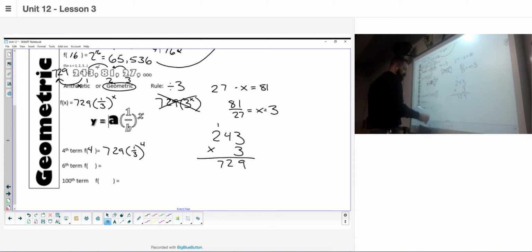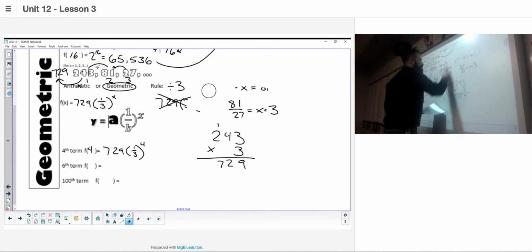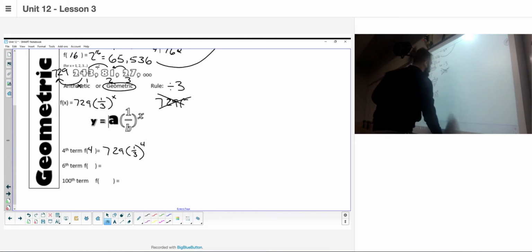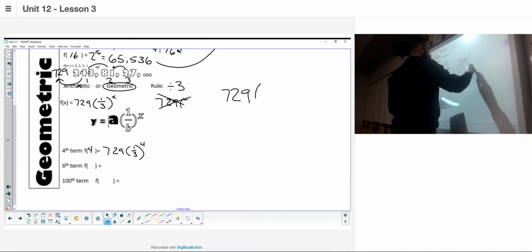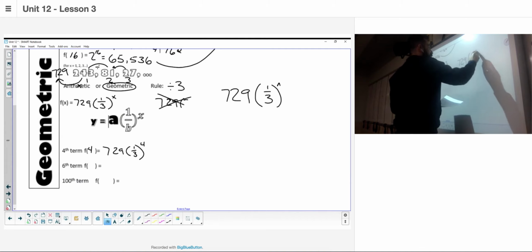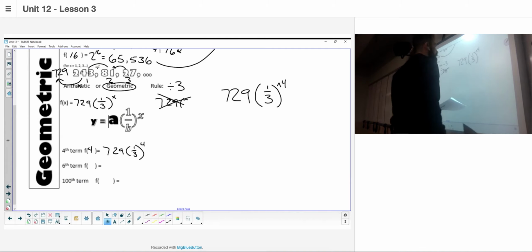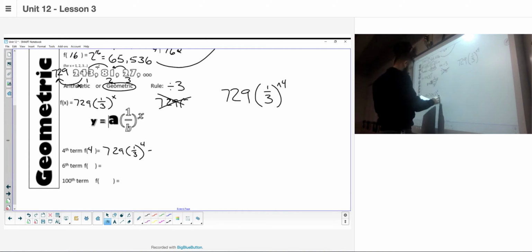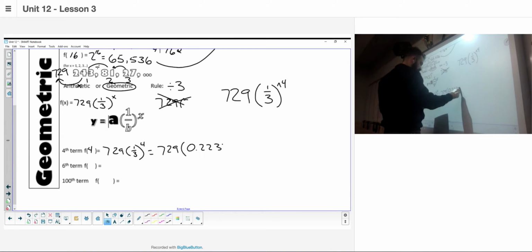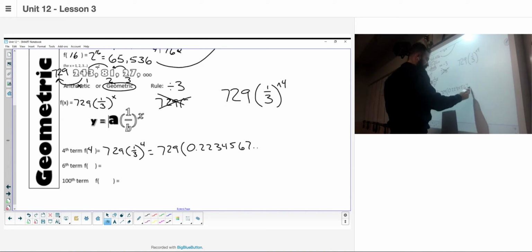Let's erase some of this stuff over here to make some space. 729 times parentheses 1 over 3 to the 4th power. And if you get that, that's going to equal around 729 times 0.1, 2, 3, 4, 5, 6, 7. It's just going to keep going.